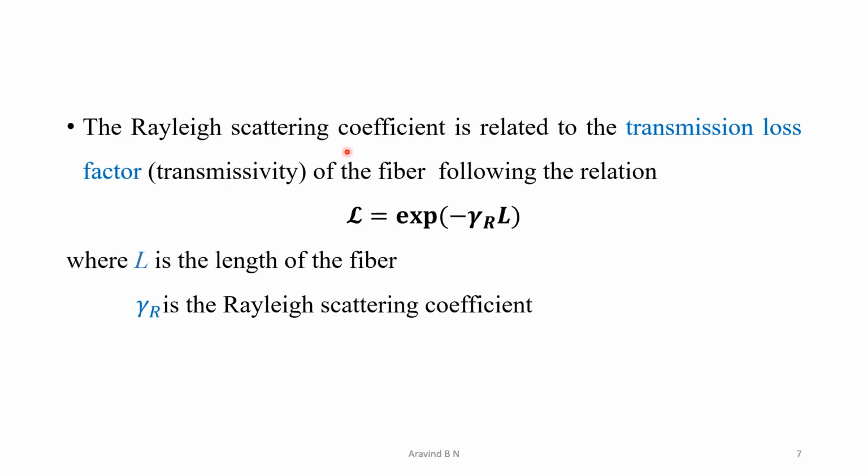Now the Rayleigh scattering coefficient is also related to the transmission loss factor, which is equal to exponential of minus gamma r into L, where L is the length of the fiber and gamma r is the Rayleigh scattering coefficient.